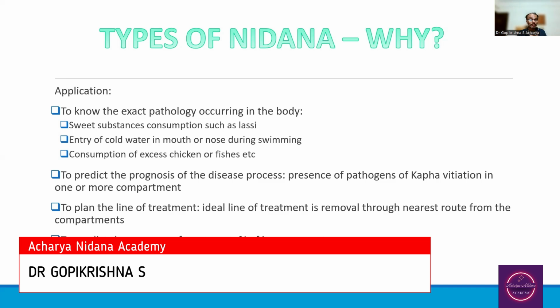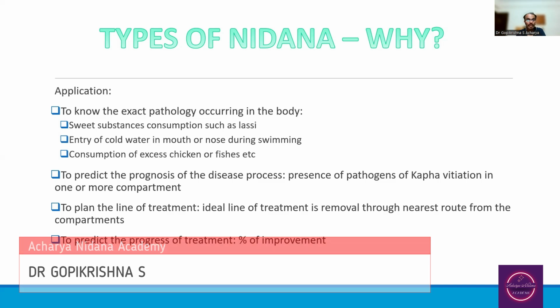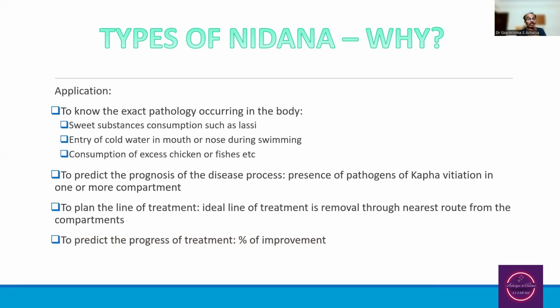If the pathogens are present in the alimentary canal, intravascular compartment and interstitial compartment, then the person may have a little more severe form of the disease. If the pathogens are present in the alimentary canal, intravascular compartment, interstitial compartment, and intracellular compartment, then the person may have a very severe form of disease.